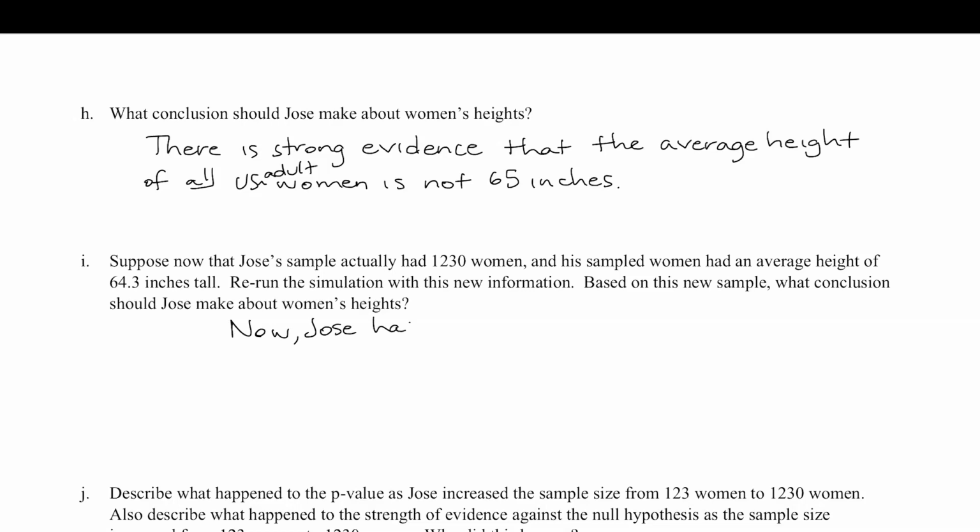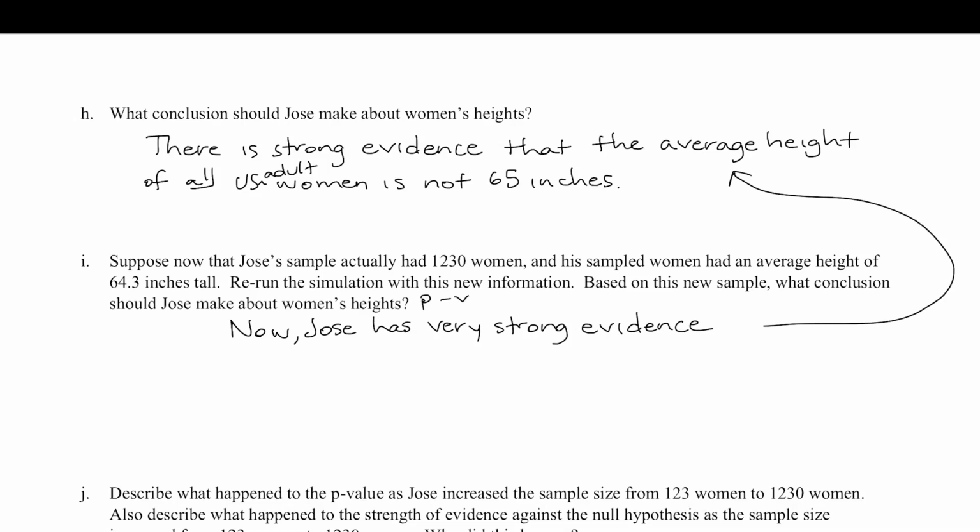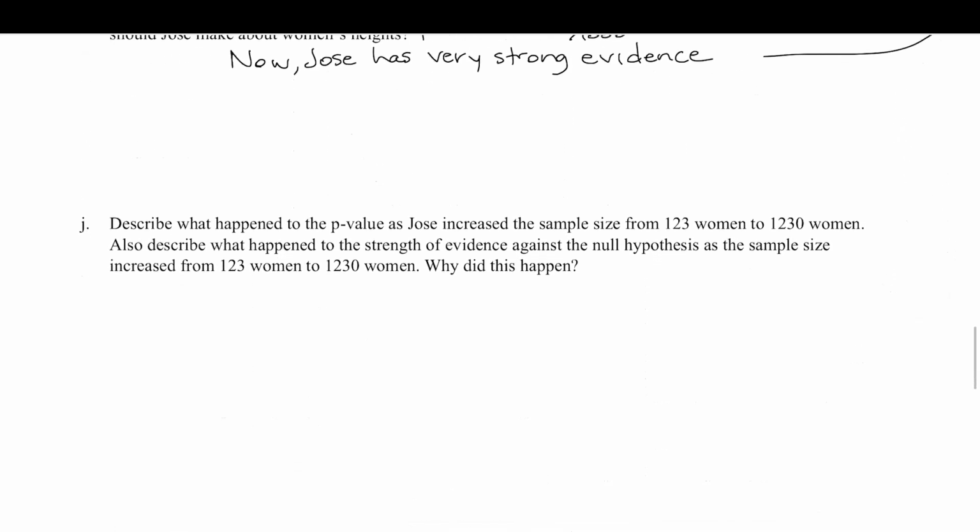Okay, now Jose has very strong evidence that the average height of all U.S. adult women is not 65 inches. So our p-value was 0 out of 1,000. So we've gone from strong to very strong. So the evidence against the null hypothesis has gotten stronger.